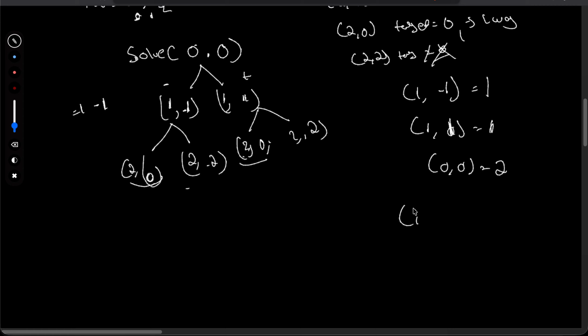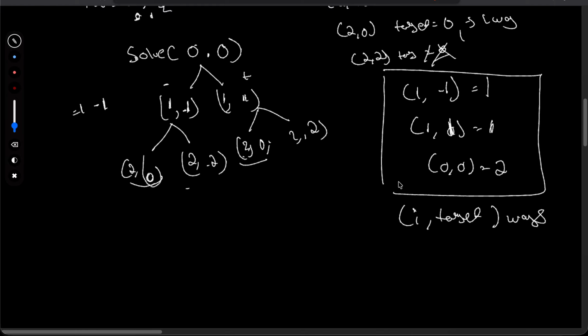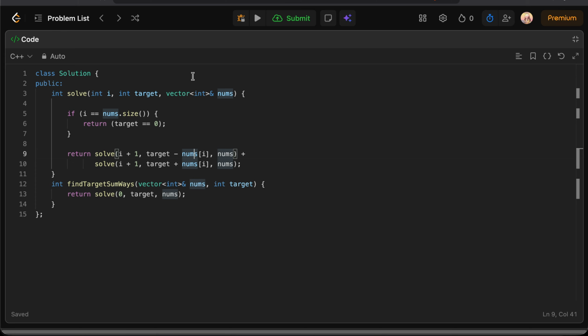So this is i and target, and the ways. We just store the answer and do not recompute it. Okay, so let's write the code for memo.